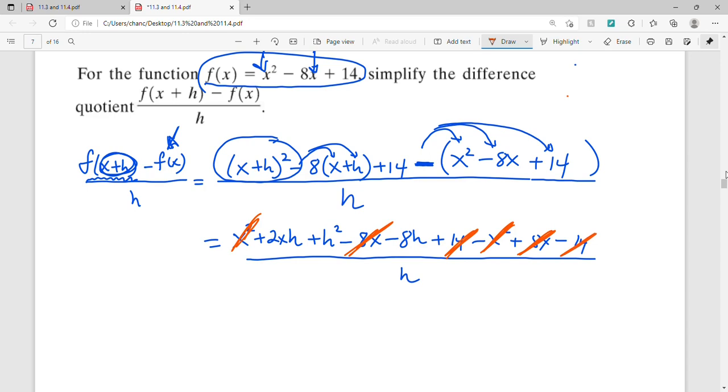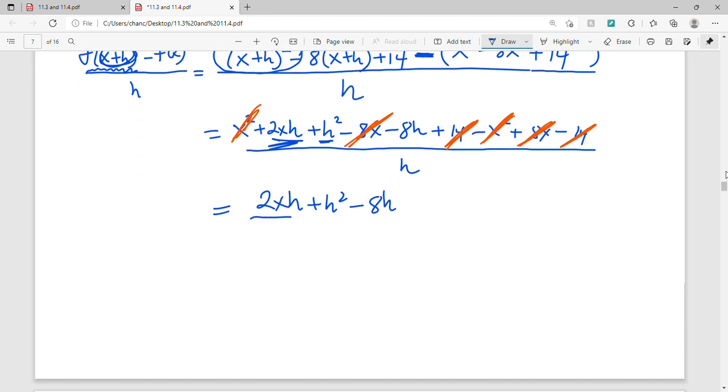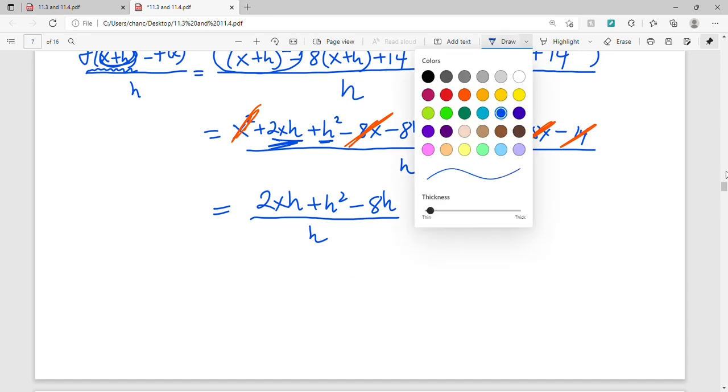And we'll see what's left. We have 2xh left. The h squared is left. And the negative 8h. And then we could divide it by our h. We're almost there.